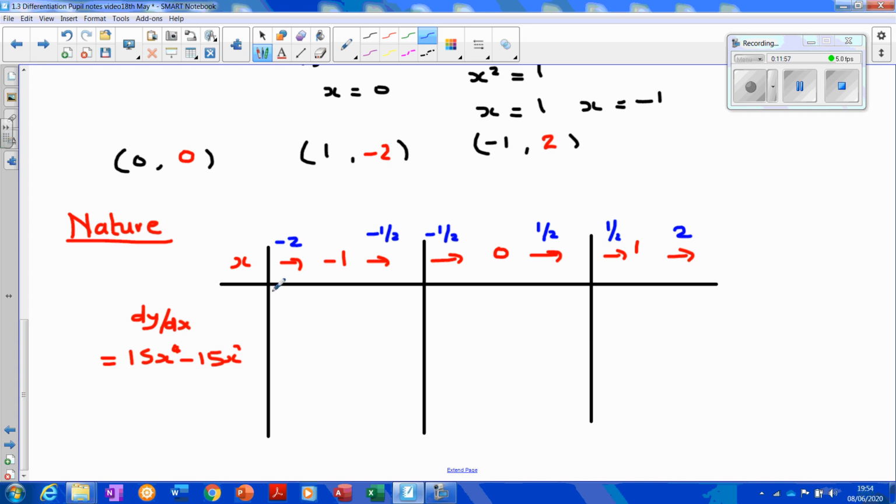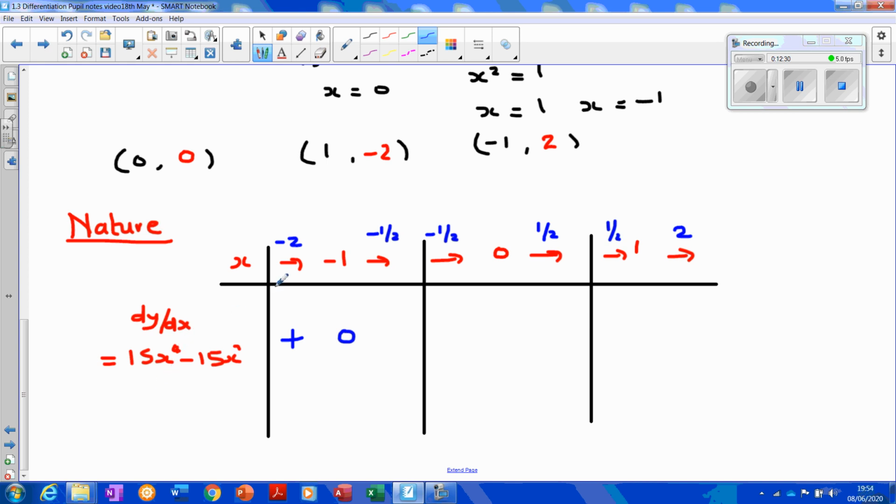Right, so when you put minus 2 into that expression, you get 2 to the power of 4. 2 2s are 4, 4 2s are 8, 2 8s are 16, so you get 15 times 16, and you want to take away 15 times 4, so that's obviously going to be positive. Stationary point we know is 0. When x is equal to minus a half, so a half to the power of 4, and it's going to be positive because that's an even power, so you're multiplying 2 pairs of negative numbers, so it's always going to be positive.